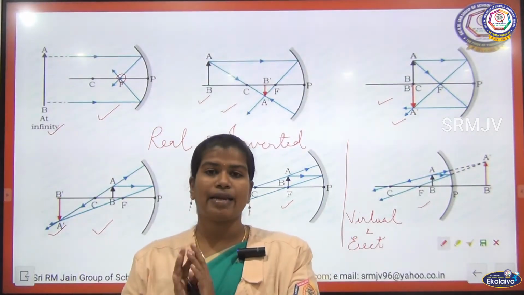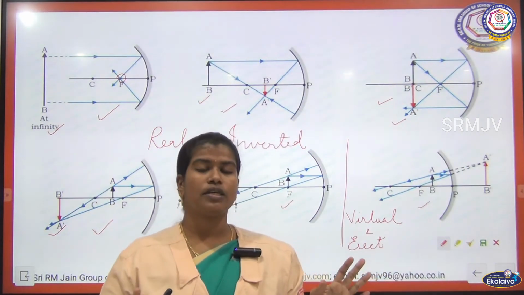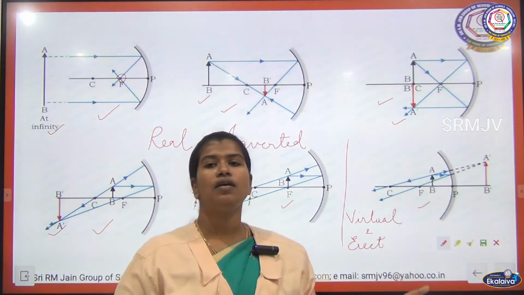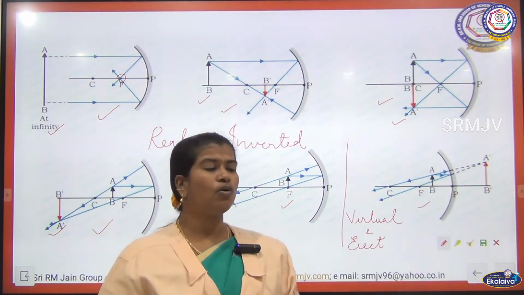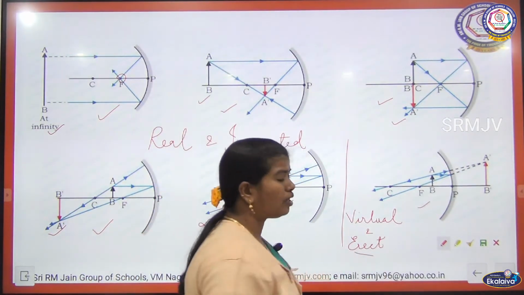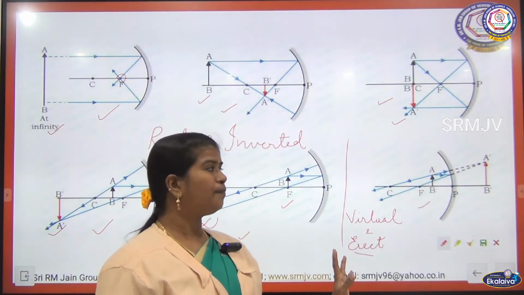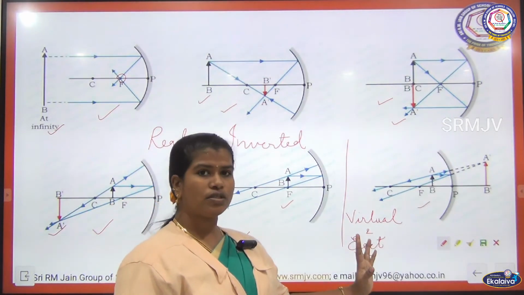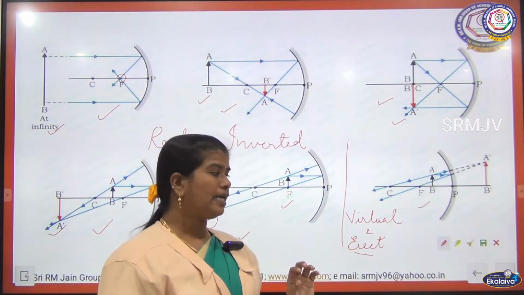A real image can be captured on a screen; a virtual image cannot be captured on a screen, it can be seen in the mirror. And a real image is always inverted, that is upside down, but a virtual image is always upright, which means erect. So these are the positions of the object as well as the images.